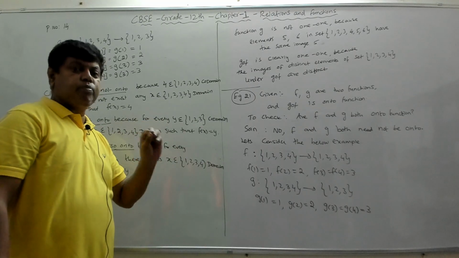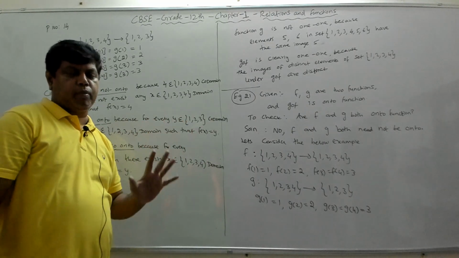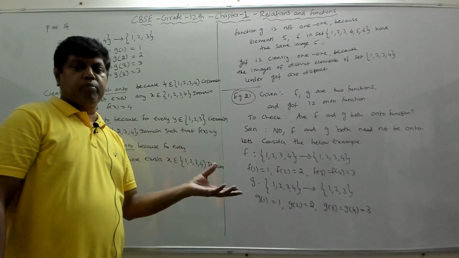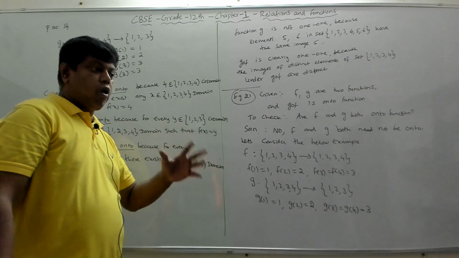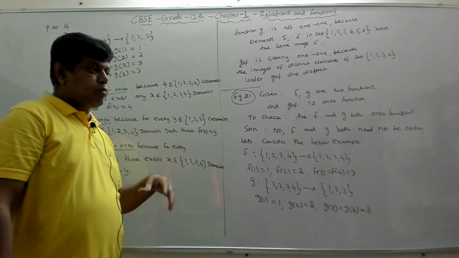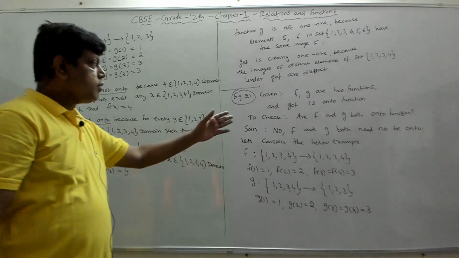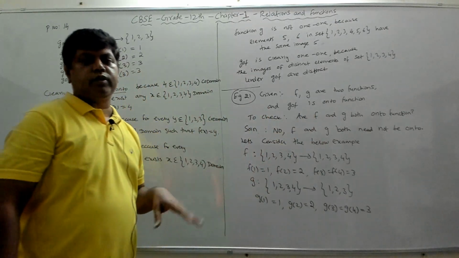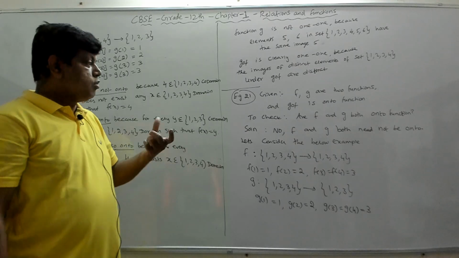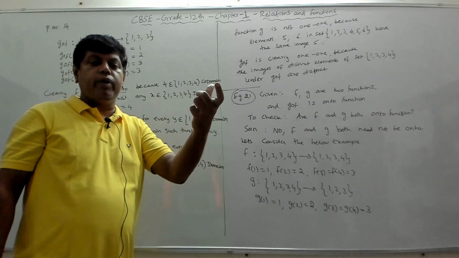So to prove something is not true, you have to give a counterexample. Something which is used to disprove or contradict any statement is called a counterexample. So we will give a counterexample and say that the given statement is false. But if you have to prove something is true, then we cannot give one example and say it is satisfying for one example, so it is true.